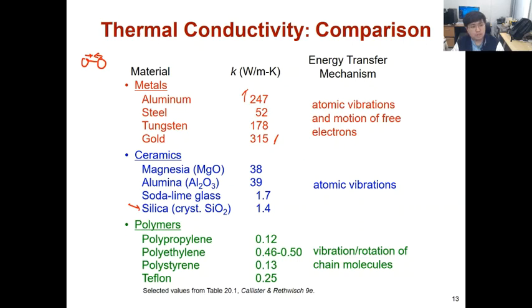Metal easily transfers vibrational motion to another atom with a very high bonding strength. But in polymer, although in the chain they have strong covalent bonds, between the chains they have weak binding. Although the polymer can vibrate largely, this vibration energy cannot transfer to another chain. That's the reason the thermal conductivity of polymer is very small.